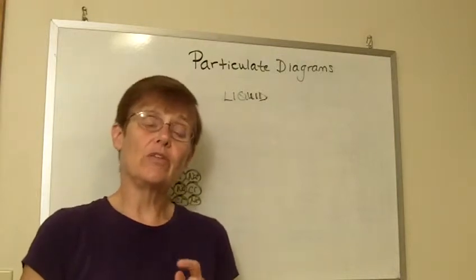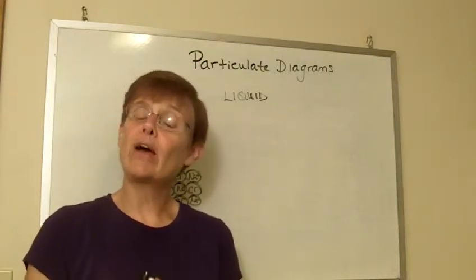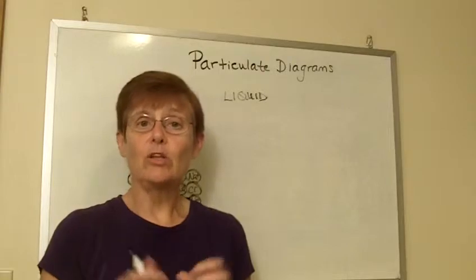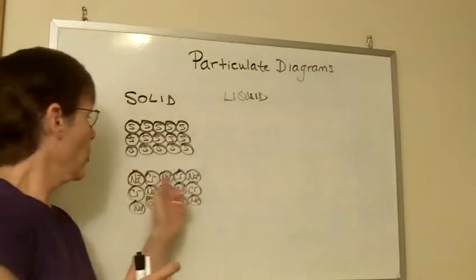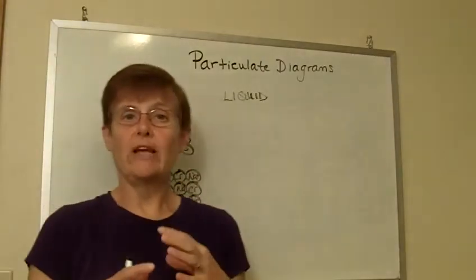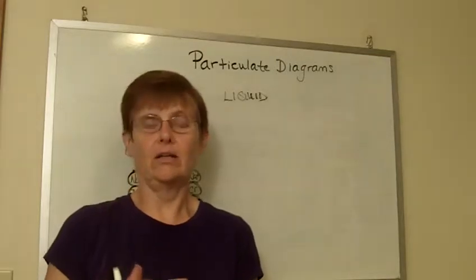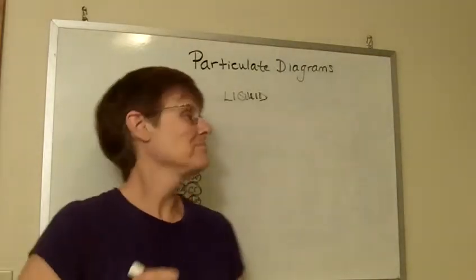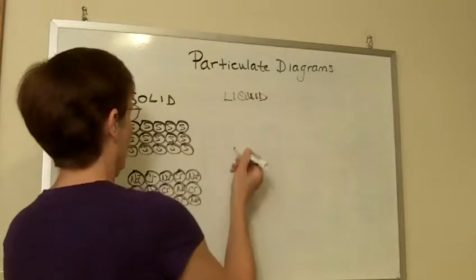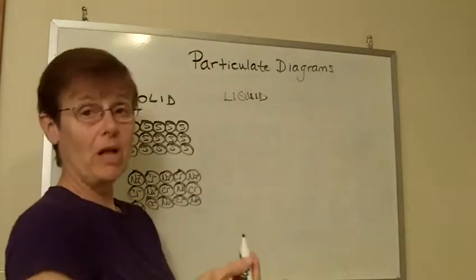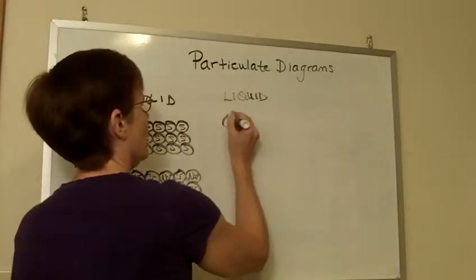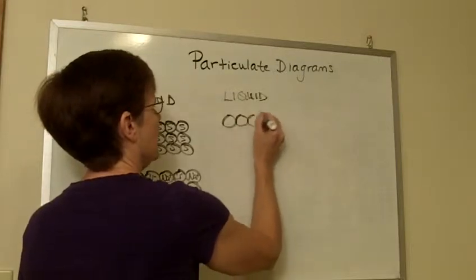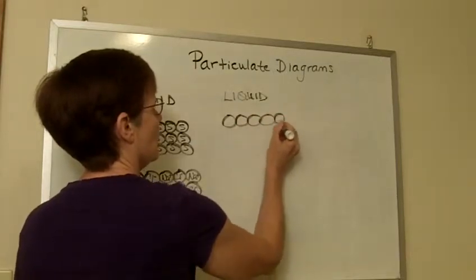The difference is, though, that now the particles are free to move around each other. They're no longer going to be locked in this orderly grid, but they're more likely to be kind of chaotic and disorderly. So if I wanted to show sulfur that was melting, I might show it, see if I can do this and make it look disorderly.